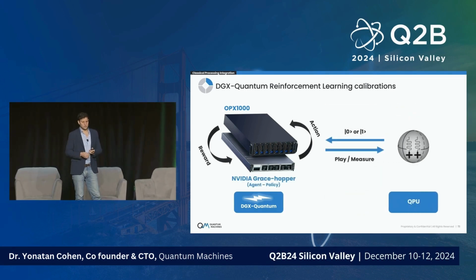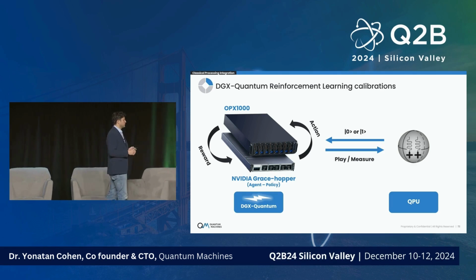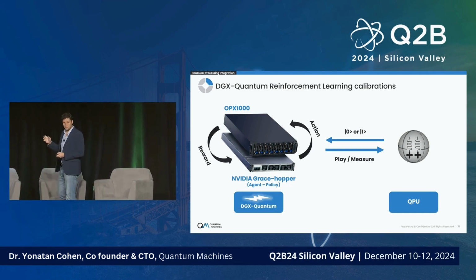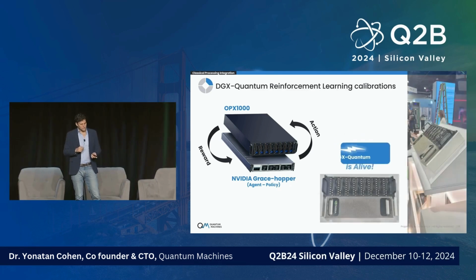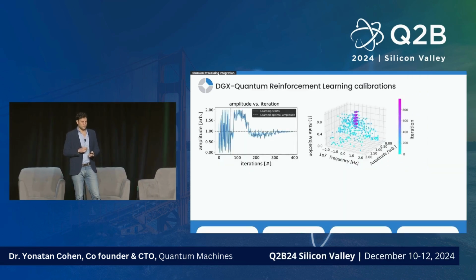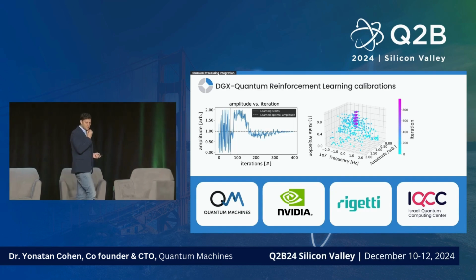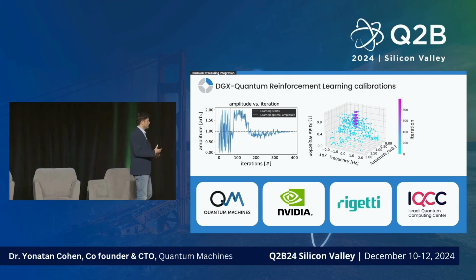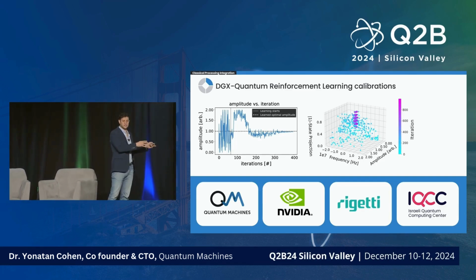We run on some QPUs, and we run some reinforcement learning agents, just kind of off the shelf that we took from OpenAI, open source platform, and this actually works. So this is an example from running this kind of adaptive circuits using reinforcement learning agents running on the GPU, on the Rigetti chip in the Israeli Quantum Computing Center.